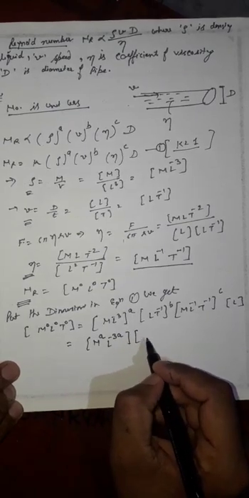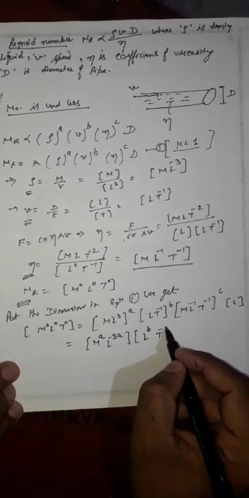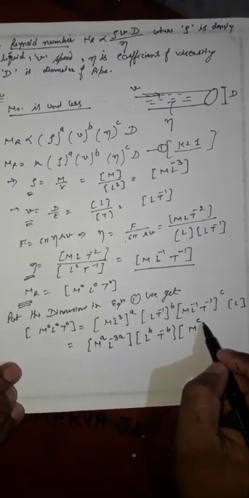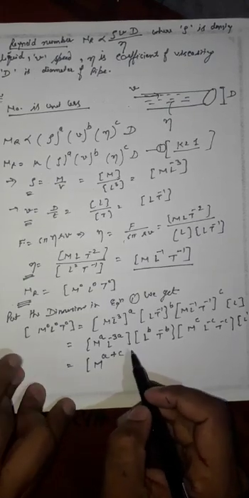Now we will solve them. The left side does not change. On the right we get M^a, L^-3a, L^b, T^-b, M^c, L^-c, T^-c, and L to the power 1. Now for M, the powers add: a plus c.